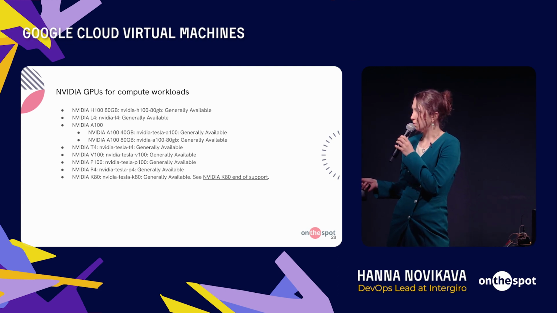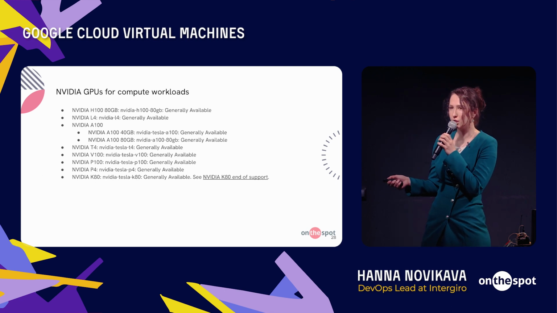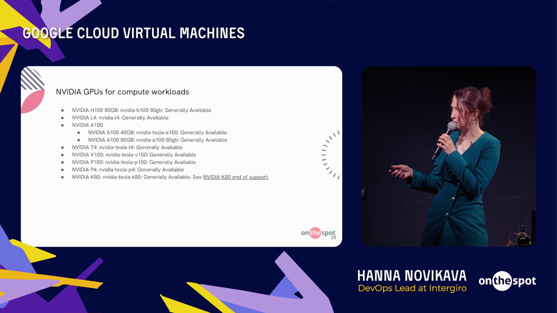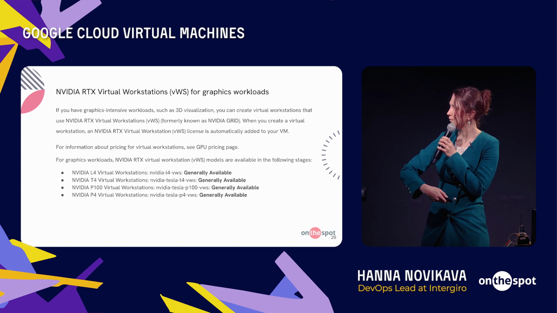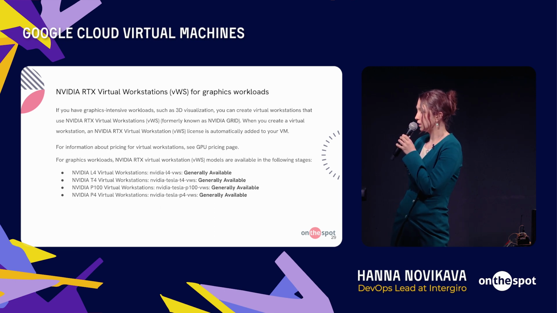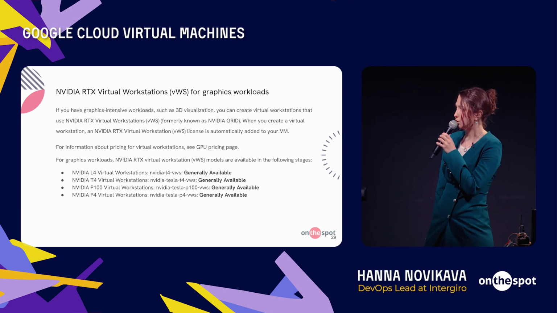So you can see some types. You can even see that some will have end of support. So yep, you can check it in the documentation, in the links which we'll attach. Also, some additional information about virtual workstations for graphic workloads, as accelerated machine types are used for those too.